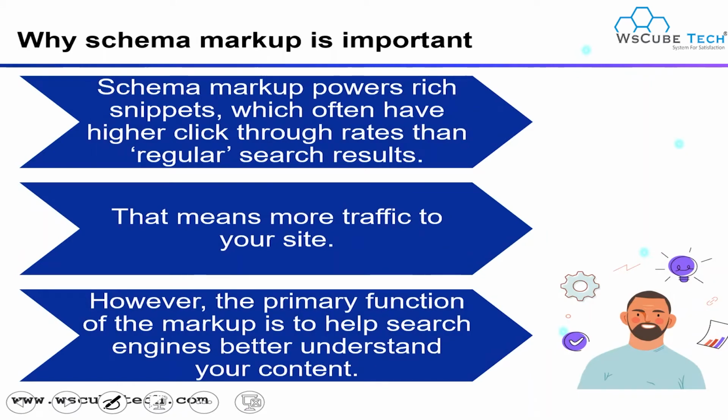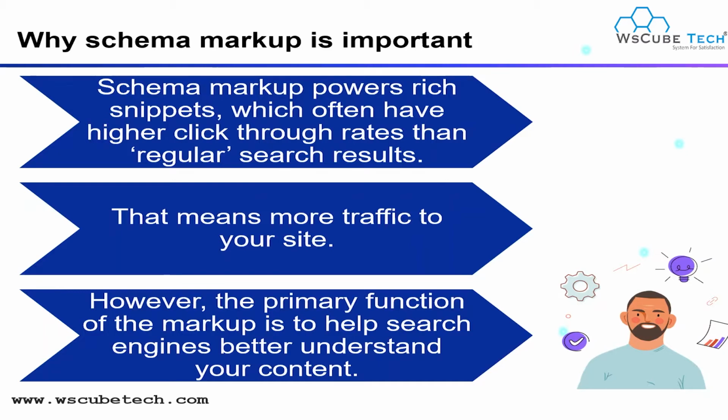Now the question is why it is important. Schema markup powers rich snippets, which often have a higher click-through rate than your regular search results. This means we get more traffic, because with schema markup we help the search engine understand our website better.